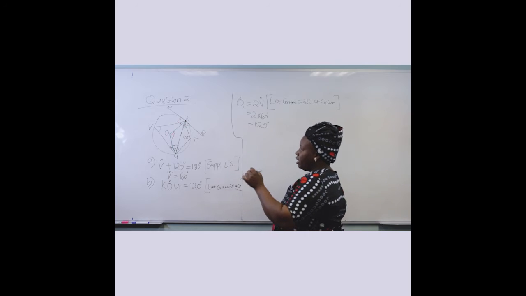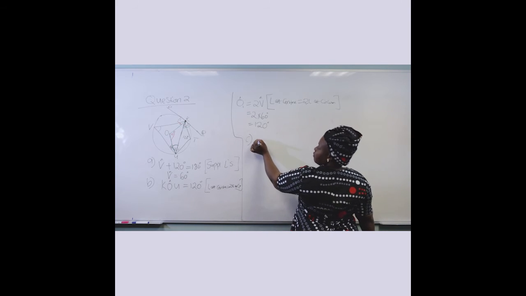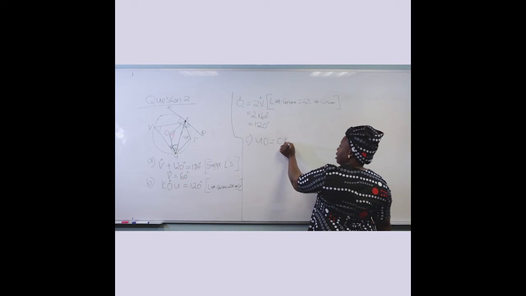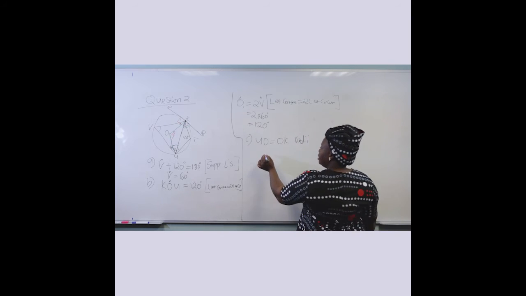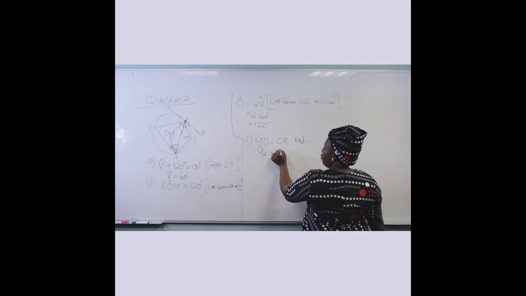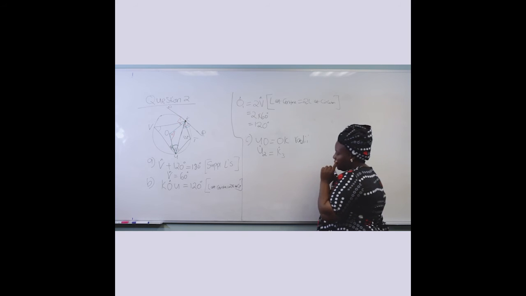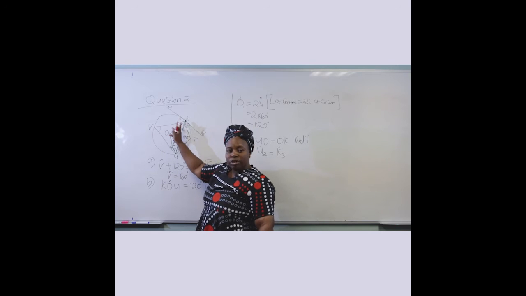So if UO is equals to OK, because of the radius, it means that U2 as an angle will be equals to K3 as an angle, just because they are base angles opposite equal sides.